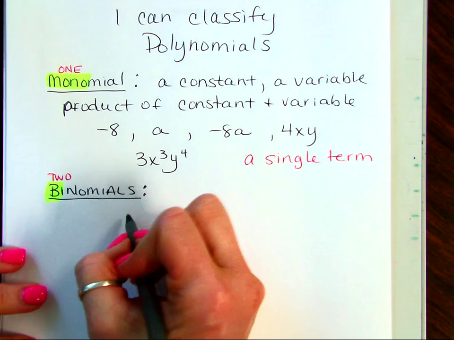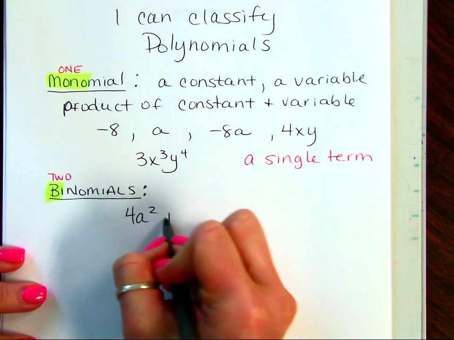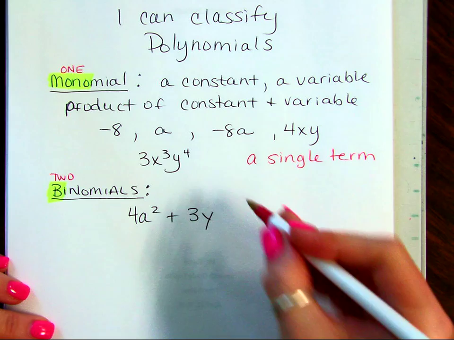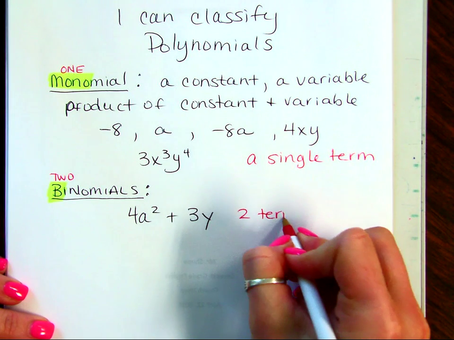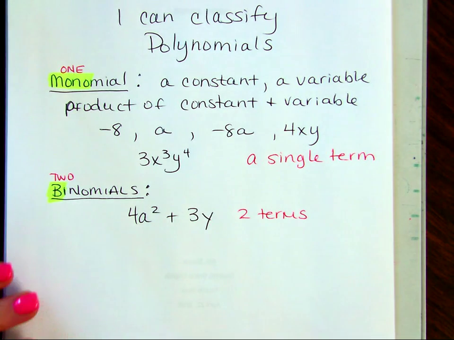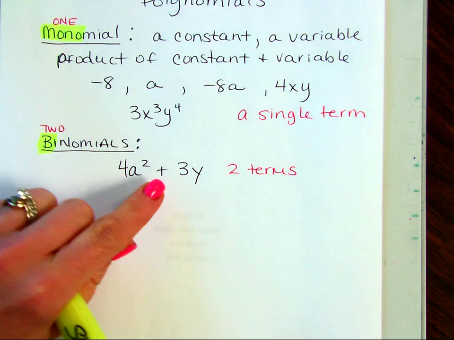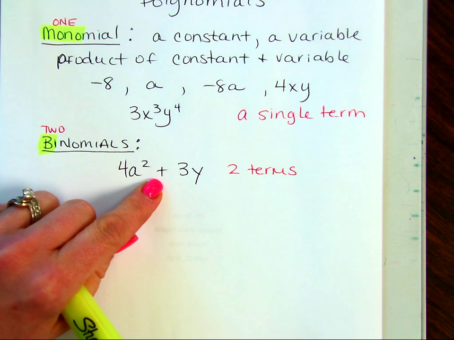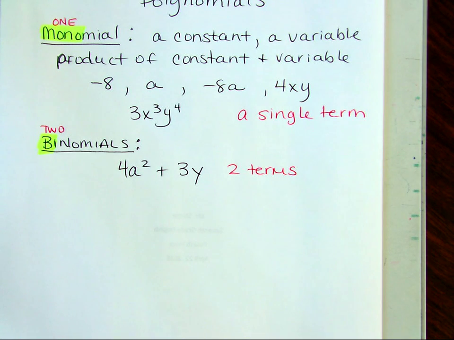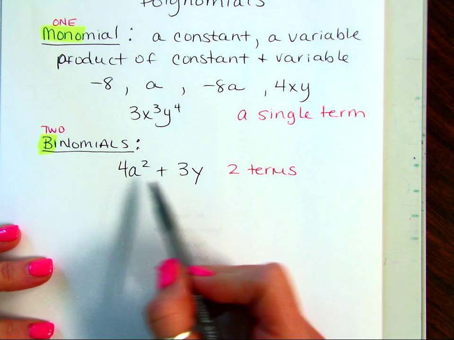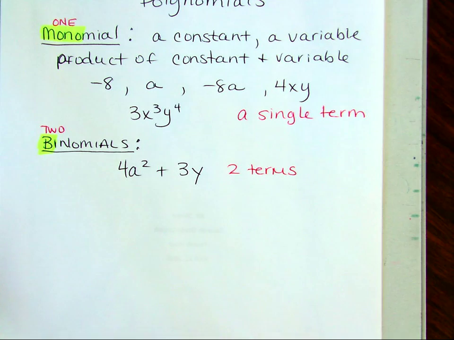So for example, 4a squared plus 3y. That's a binomial because it's not a single term, it has 2 terms, right? Okay? As long as it has like a plus or a minus sign in between it, it's an expression that is made up of 2 monomials, and 2 monomials makes it a binomial, okay?